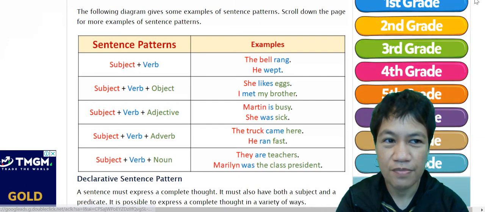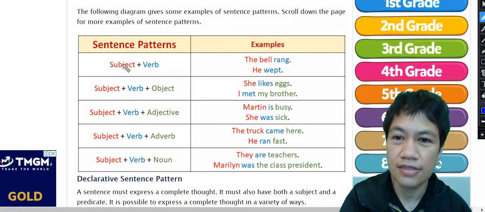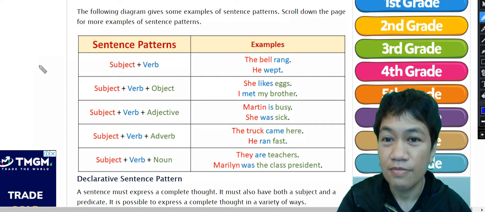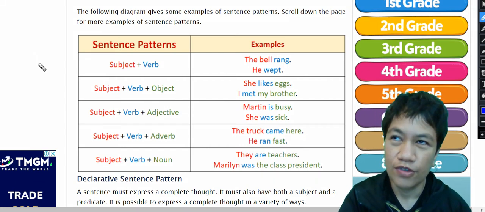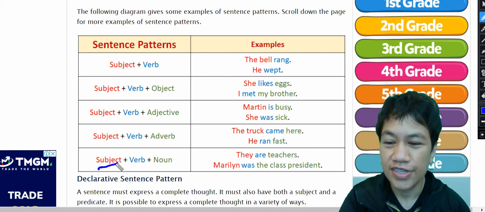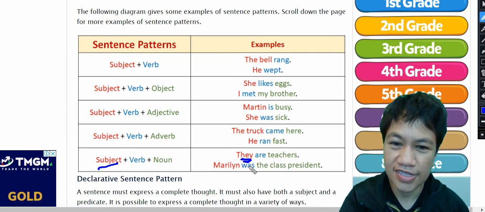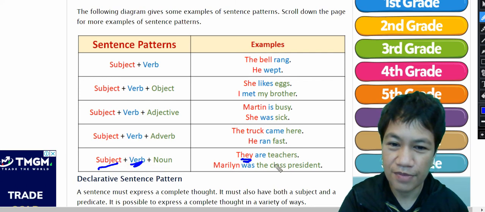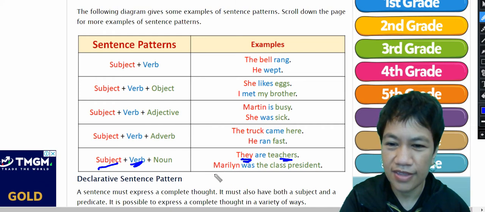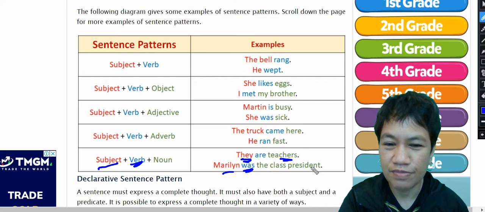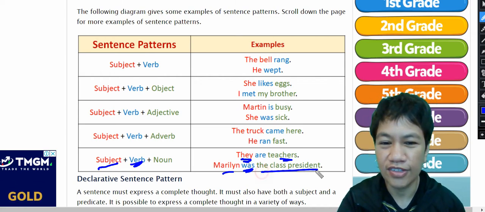Last, subject, verb, and noun. You still remember what noun is? Noun, kata nama. Okay. For noun, we have people, we have objects, we have animals. So here, subject, given here, they are teachers. So they is the subject, are the verb, teachers the noun. It's very easy, this one, subject, verb, noun. And then we have Marilyn was the class president. Okay, this is also a noun, the class president.